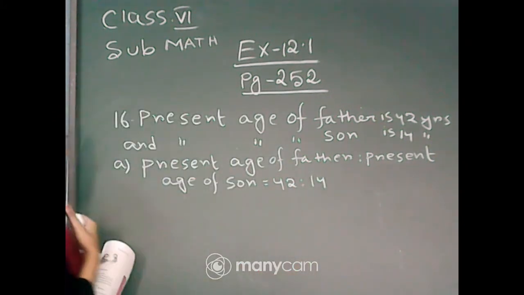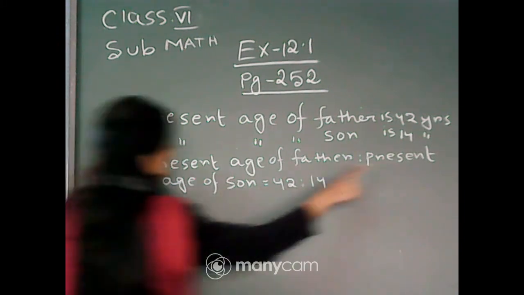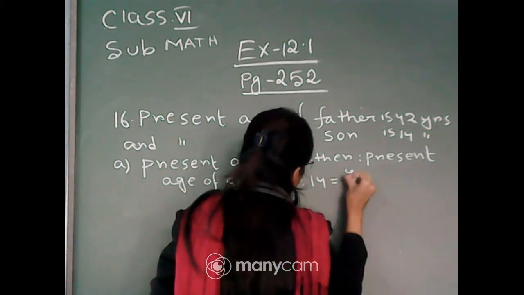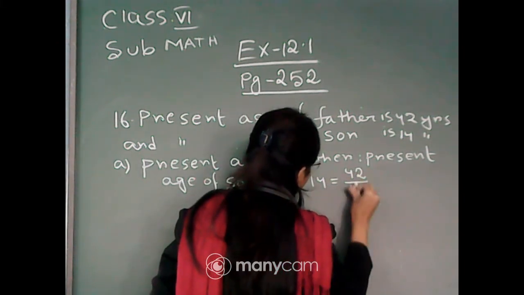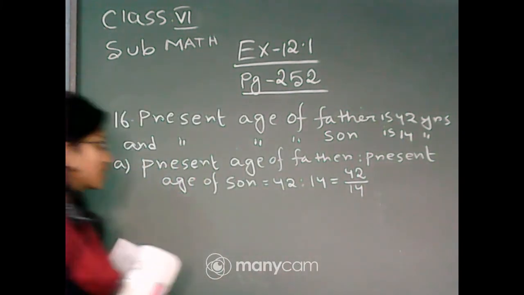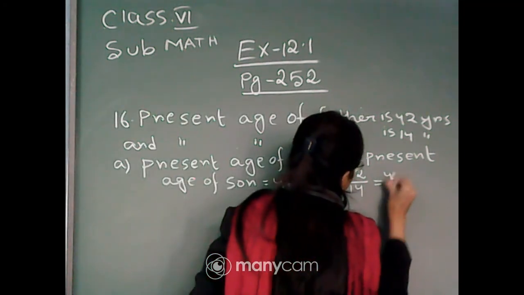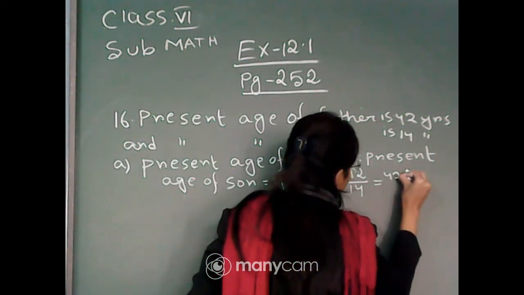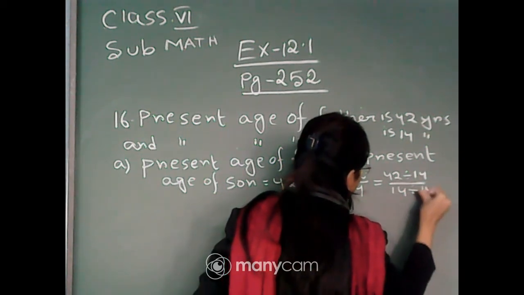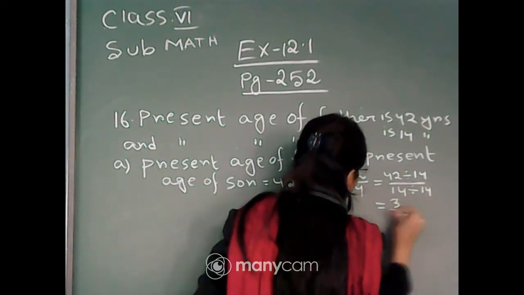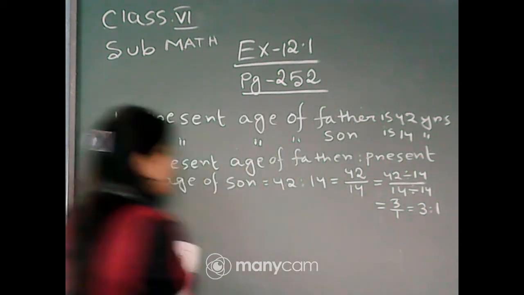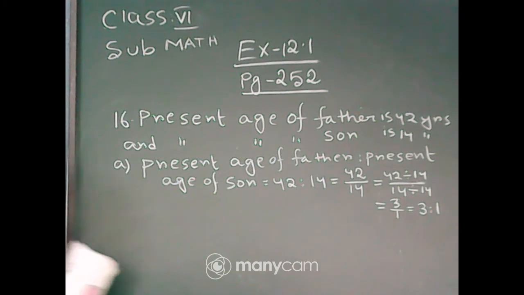Since present age of father is 42 and present age of son is 14, we can write this as 42 divided by 14. Now we divide both the numerator and the denominator by 14, and we get the required ratio is 3:1.